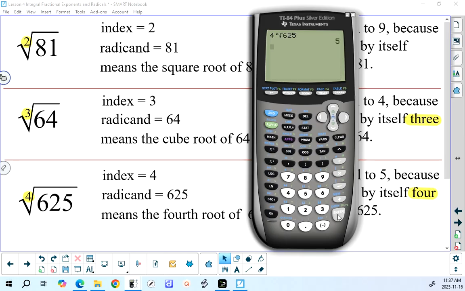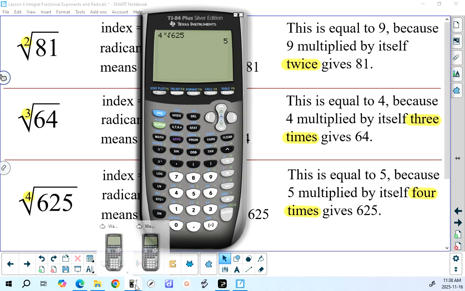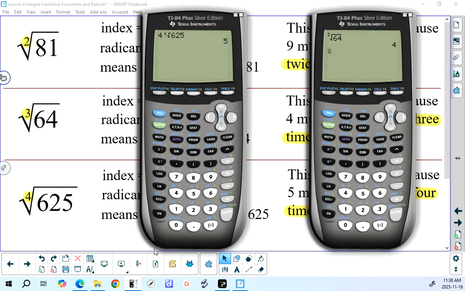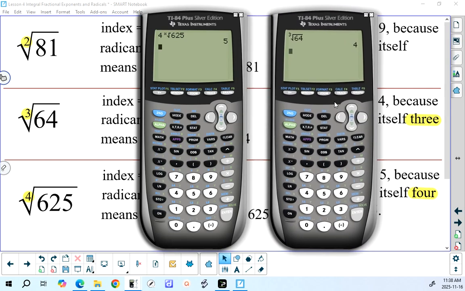If I take a look at my calculator in a different mode, which many of you will have enabled, you go to the Math option and choose the xth root, and that allows you to put the number 4 up here. And again, it looks a lot better than the calculator on the left.